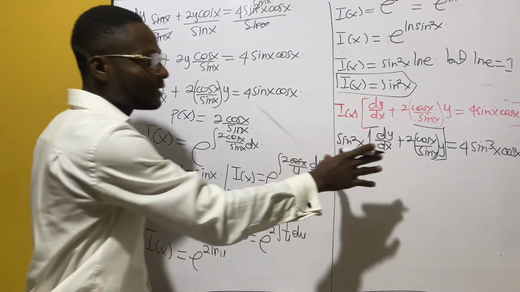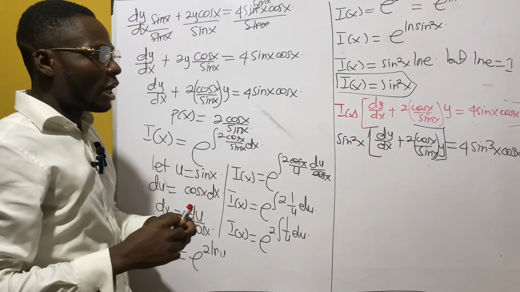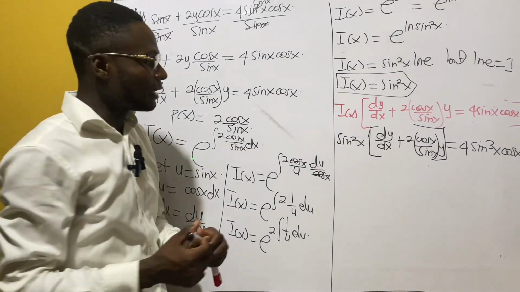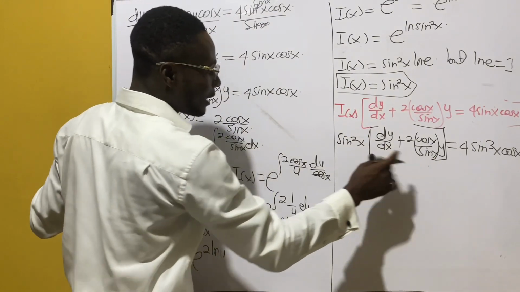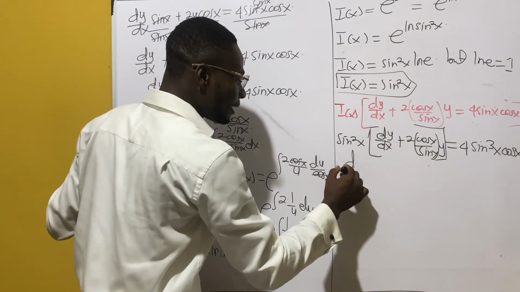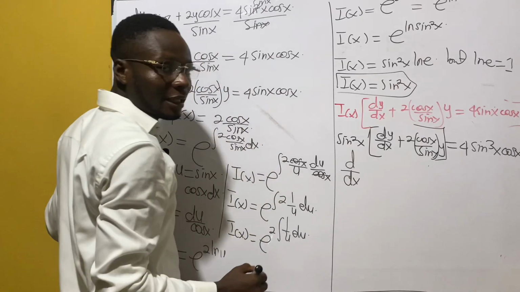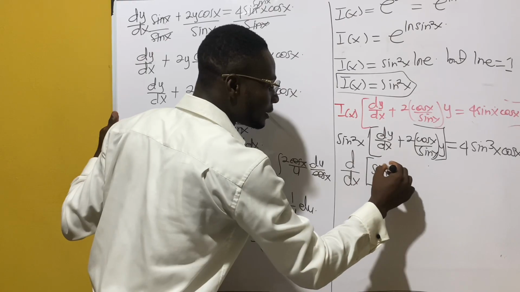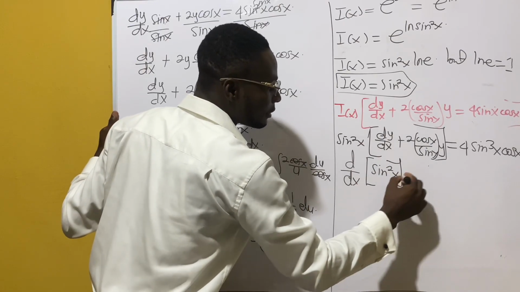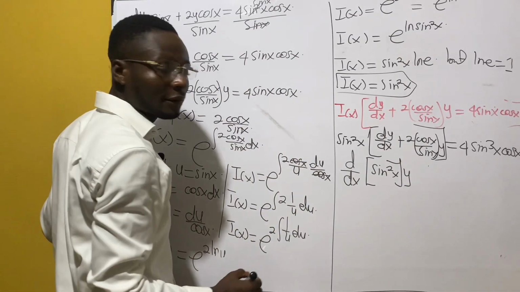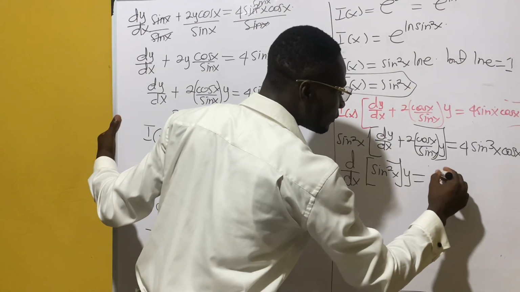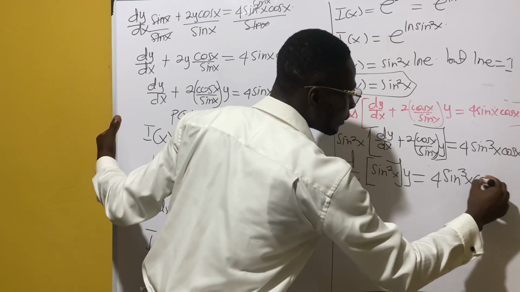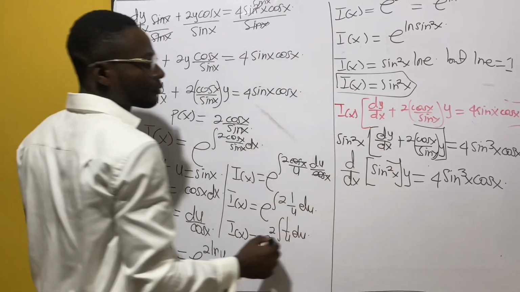we simplified this side to make it simpler for us to integrate, right? So simplifying this side, we can rewrite this as d/dx times the integrating factor, sine squared x, times y, and that should be equal to 4 sine cubed x cos x, right?